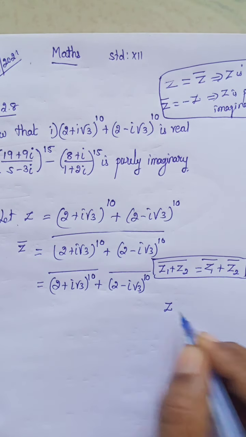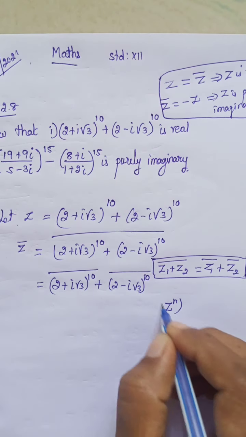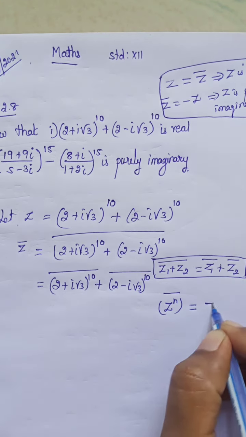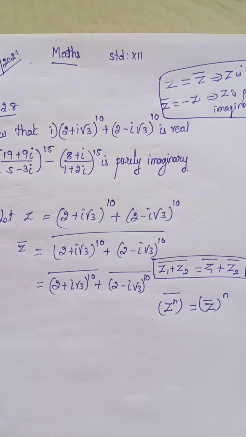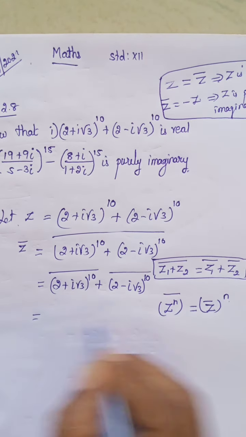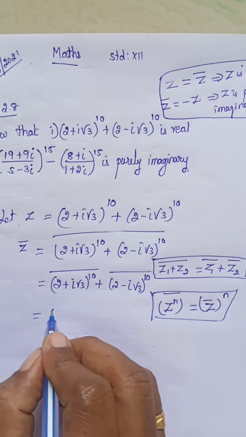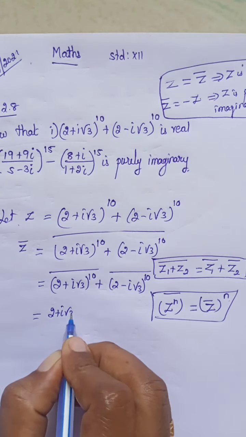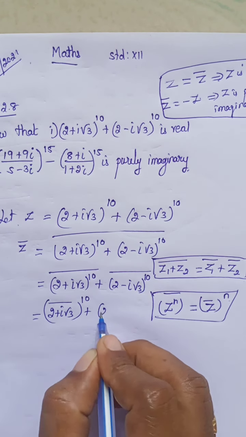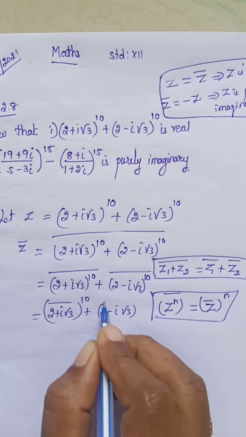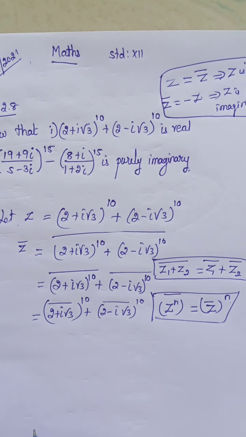Now we have that Z power n the whole bar can be written as Z bar the whole power n. Using that, we will get (2 plus i root 3 the whole bar) the whole power 10 plus (2 minus i root 3 bar) the whole power 10.